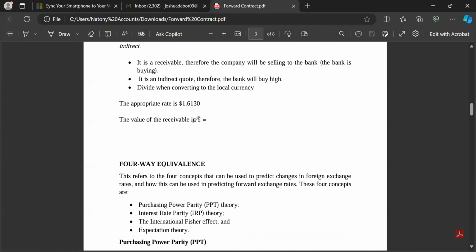There are four ways to determine the forward rates: the purchasing power parity, interest rate parity, international Fisher effect, or the expectation theory. All of these theories can be used to determine the forward rates, but your examiner most of the time asks questions on the purchasing power parity and the interest rate parity.